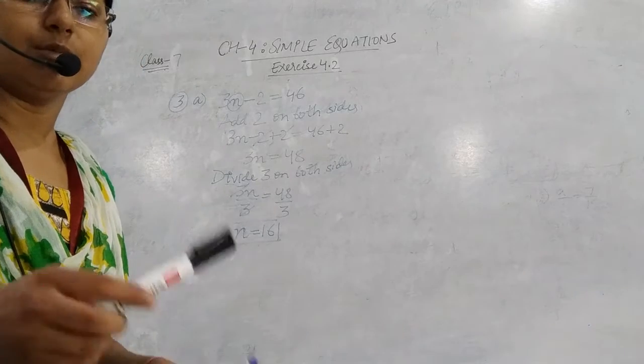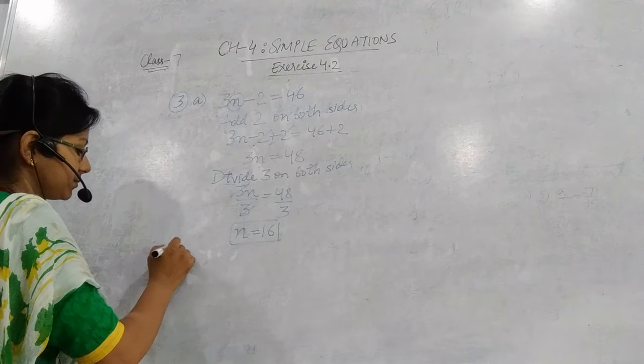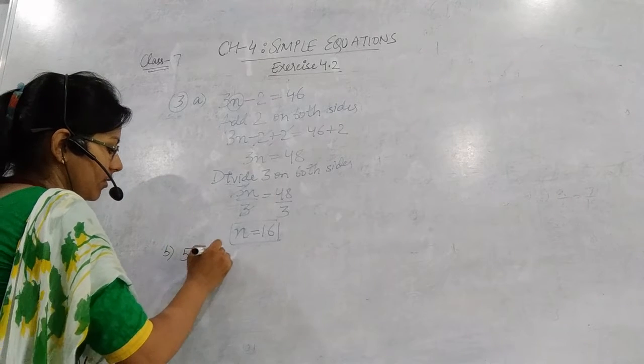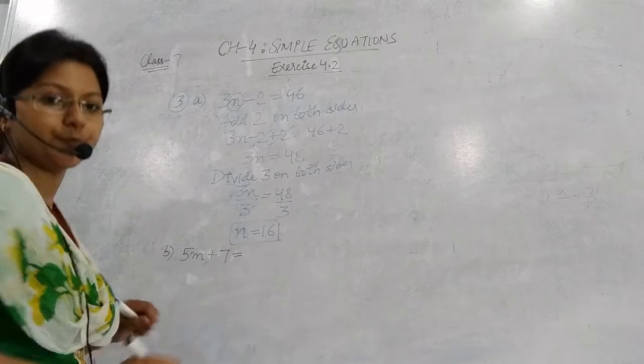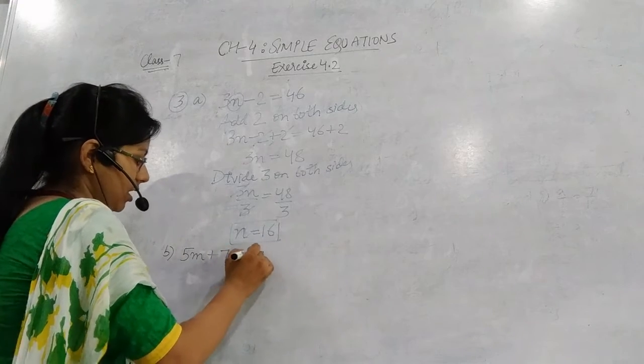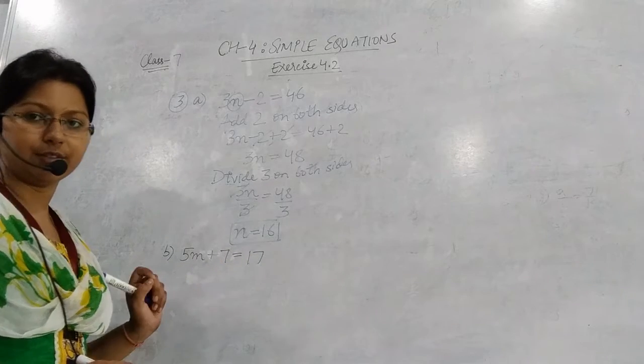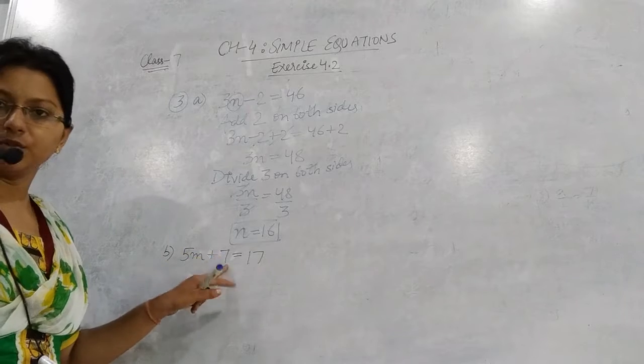Okay, similarly आप b part देख सकते हैं. 5m plus 7 is equal to 17. अब m को सेपरेट करना है. I have to remove this 7 also and 5 also. First of all, I will remove the outer one.